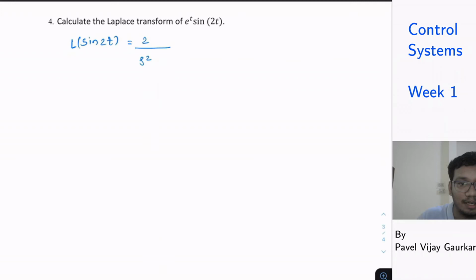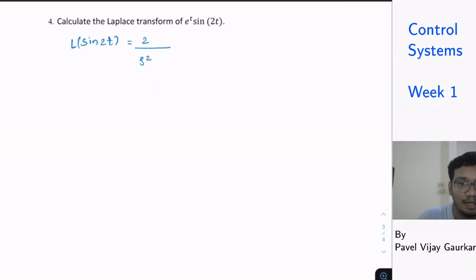When we are taking the Laplace transform of a term which is multiplied by an exponent, say e power minus at, then what we do is we change the complex variable from s to s plus a.